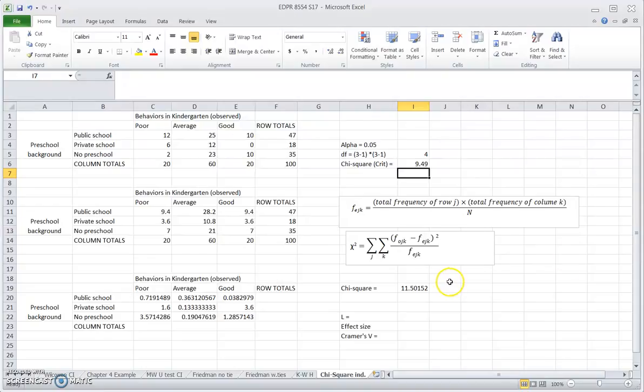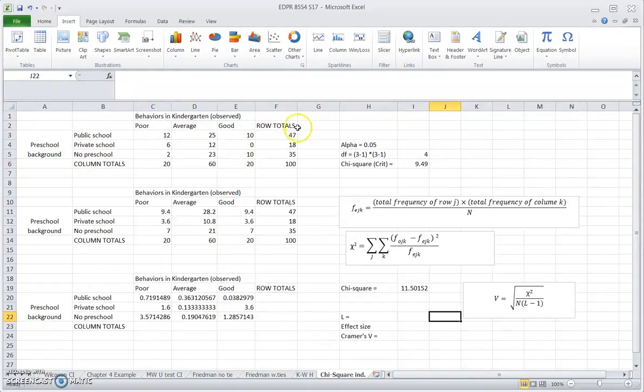So the observed chi-square value 11.50 is greater than the critical chi-square value 9.49, and the decision is to reject the null hypothesis and conclude that there is a significant association between children's preschool background and their behaviors in kindergarten.